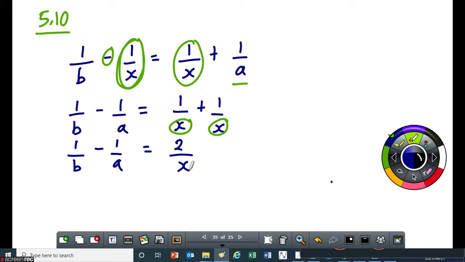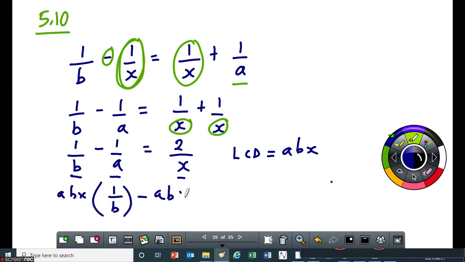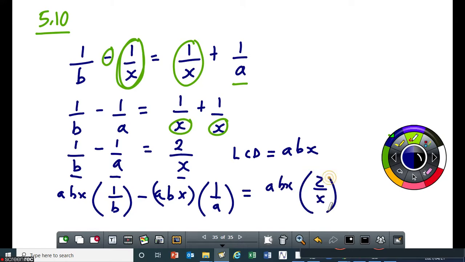Right, if you don't have any question, then let me carry on. The next thing now, I need to find the LCD. The LCD is going to be the product of b, a, and x, so I can write it as abx. That's my LCD. So I have to multiply every term by abx. So it will be abx times 1 over b minus abx times 1 over a is equal to abx times 2 over x.